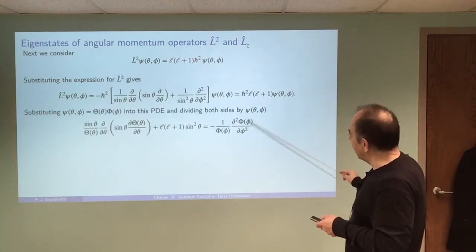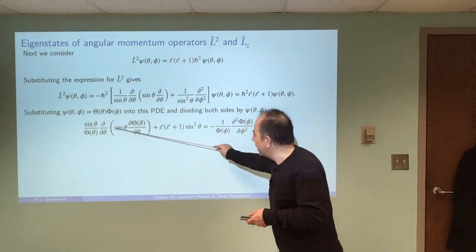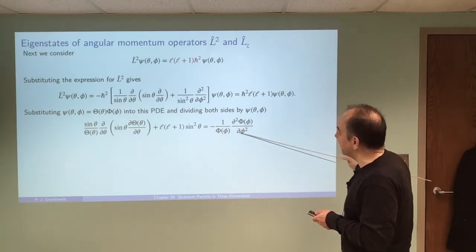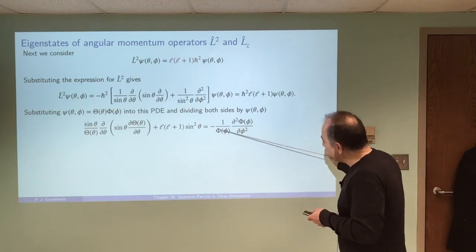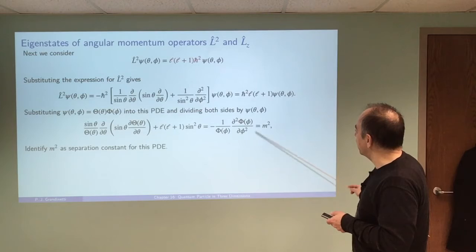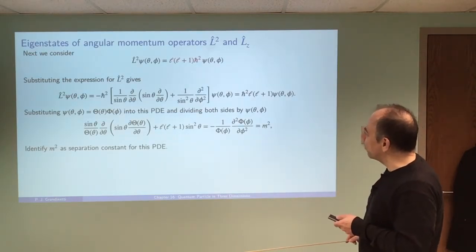I substitute in my guess once again, and after dividing both sides, I get it into this form where everything that depends on theta is on this side and everything that depends on phi is on that side. Of course, this part we already know. We can set this equal to a separation constant, m squared.